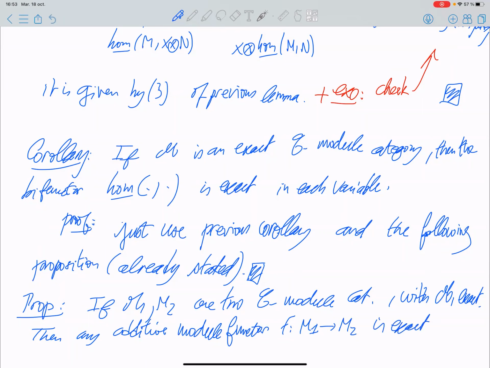And in fact, we will see next time that such a proposition can be used to completely characterize an exact module. In fact, any module satisfying this property will be exact.